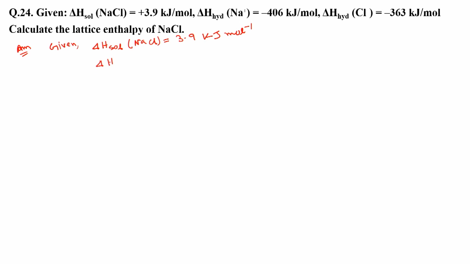Delta H hydration for Na plus is minus 406 kilojoule per mole, and delta H hydration for Cl minus is minus 363 kilojoule per mole. Now consider the following equations.